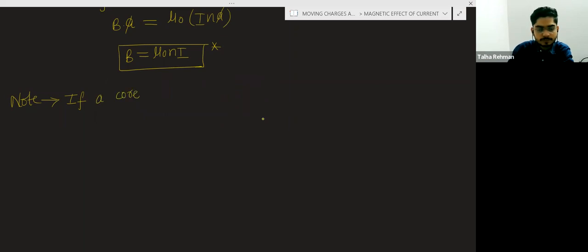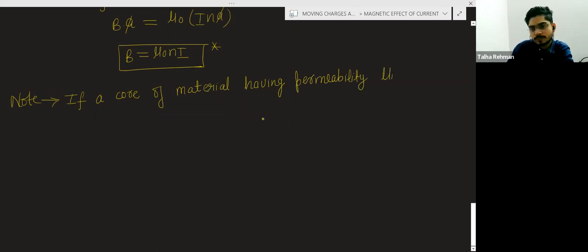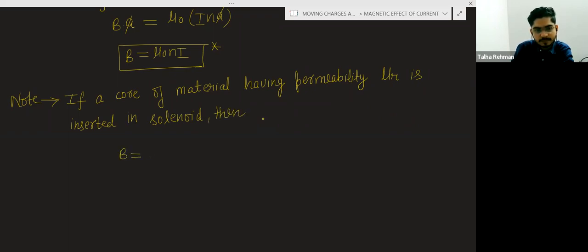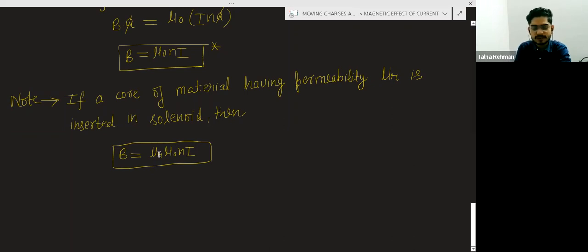If a core of material having relative permeability mu r is inserted in the solenoid, then the magnetic field will become mu r mu 0 n I. You will simply multiply the total magnetic field with this mu r, the relative permeability of that material.